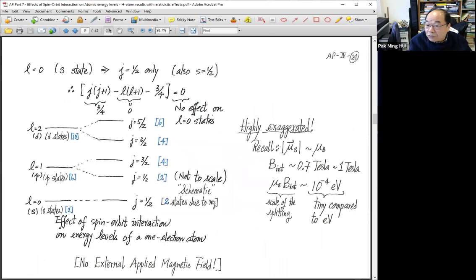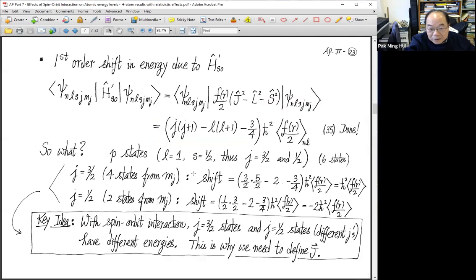So here I illustrate the effect. This figure, I blow it up for you to see. Okay, remember, the internal field is 1 tesla, but it's multiplied by a Bohr magneton for the splitting. Okay, so S state, no effect because J is half. J is half, L is 0.